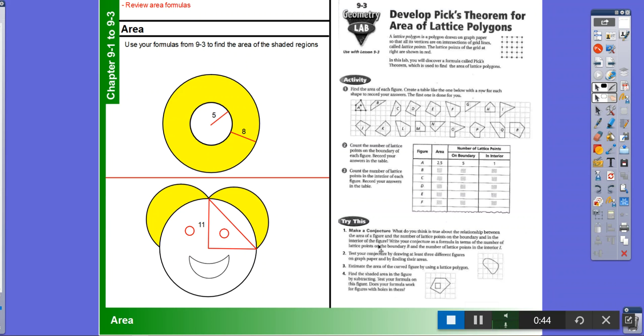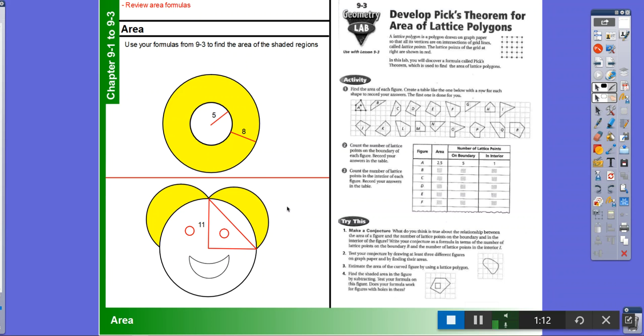Now, since there is some estimation involved, especially when you start looking at this shape here, you may not get the exact same answers that others do, so a discussion would make sense. All right, so here we go. Pause the video, unpause it when you're done with these two problems here.